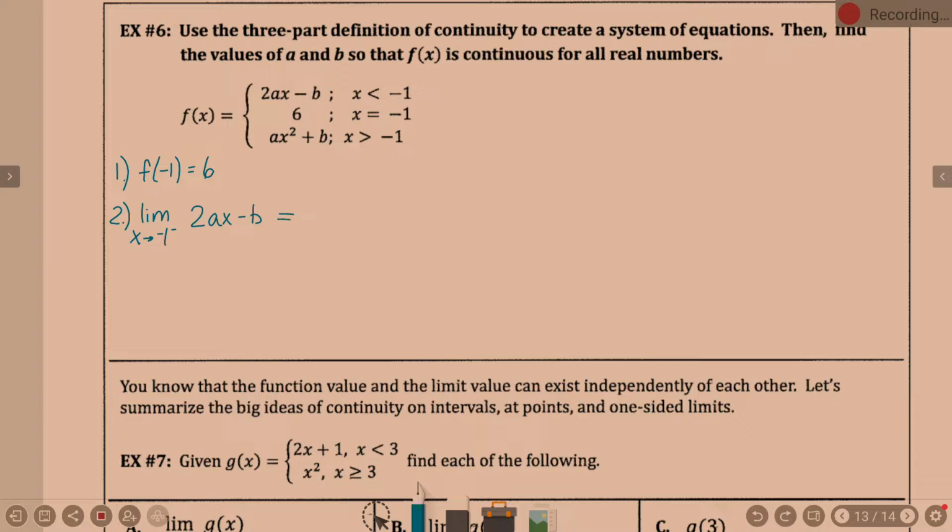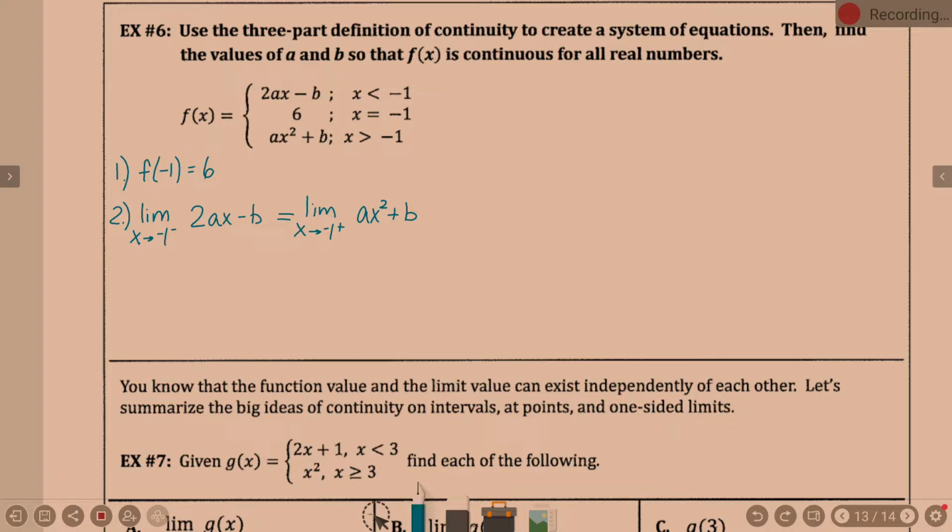It equals the limit from the right as x approaches -1 from the right. And from the right, we're using ax squared plus b. To actually find these limits, remember that -1 goes in place of x.